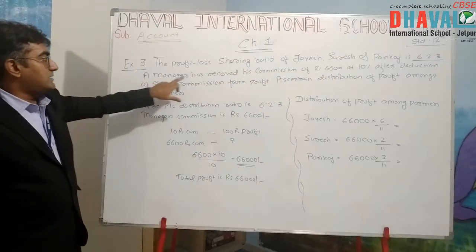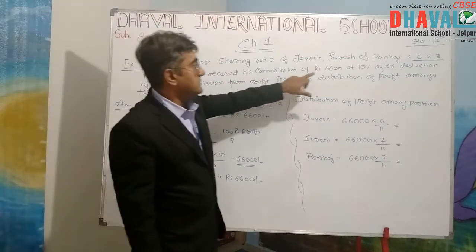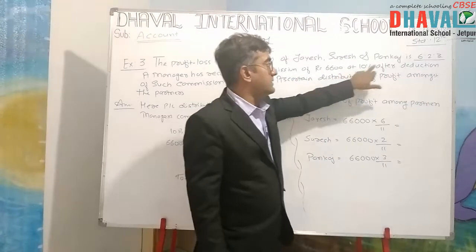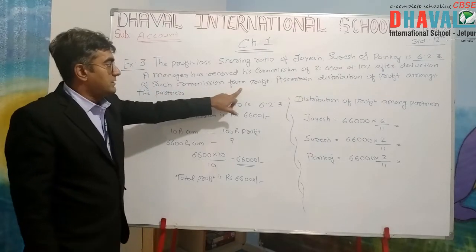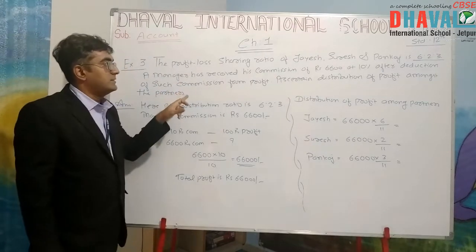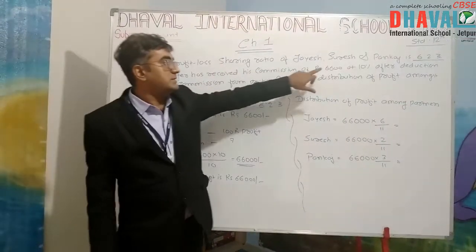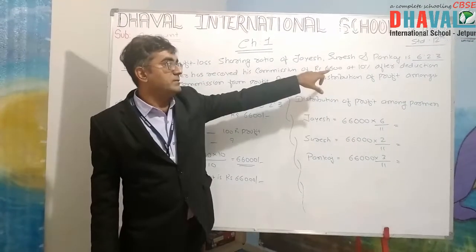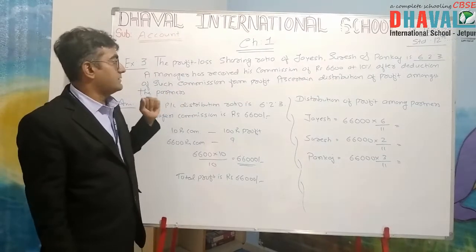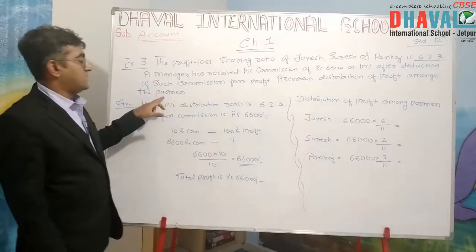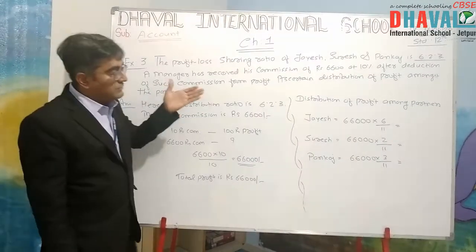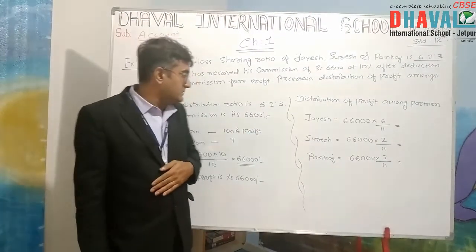A manager has received his commission of ₹6,600 at 10% after deduction of such commission from the profit. Ascertain the distribution of profit among the partners.